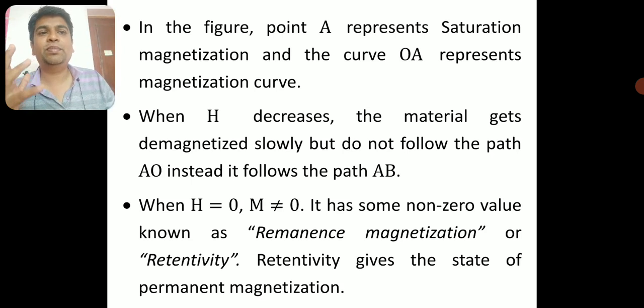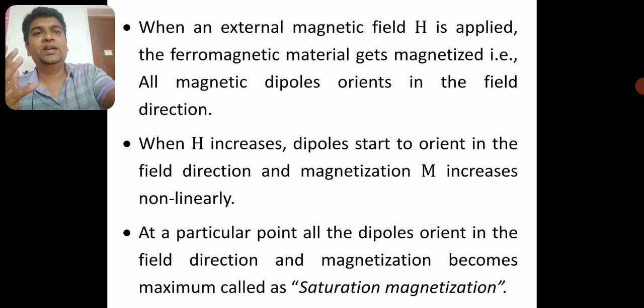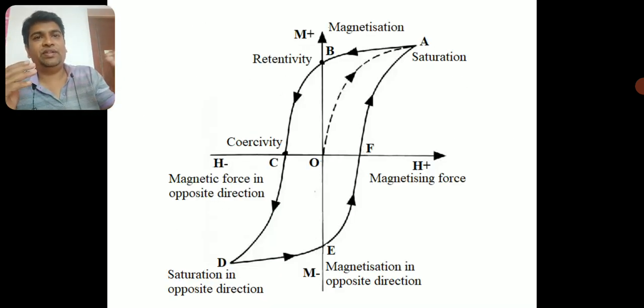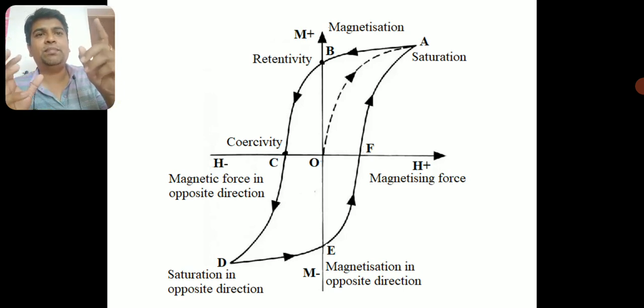Instead it follows the path AB. Look at the curve. If I start decreasing H, the curve will not go back on the same path. It is retracing some other path, which is AB, instead of going back along AO.